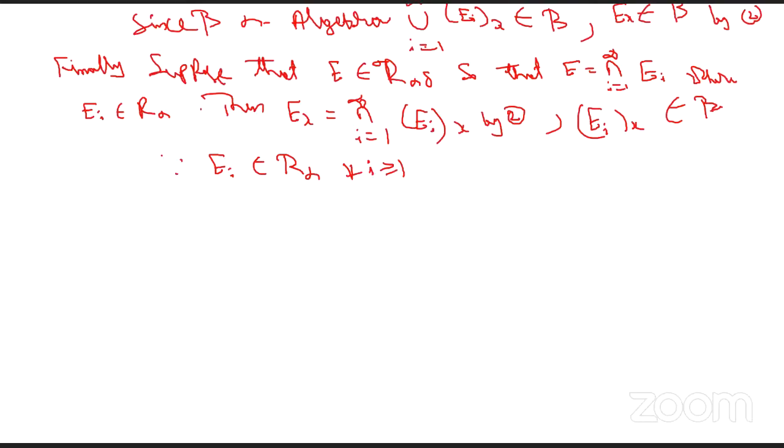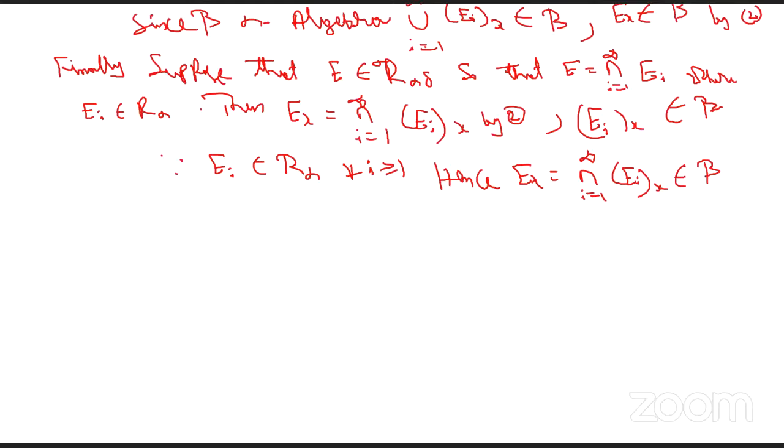Hence E_x equals the intersection of E_i of x, which belongs to script beta.